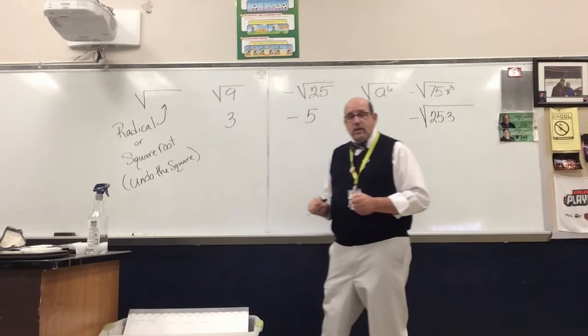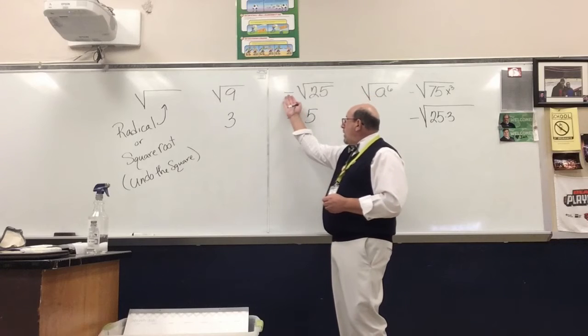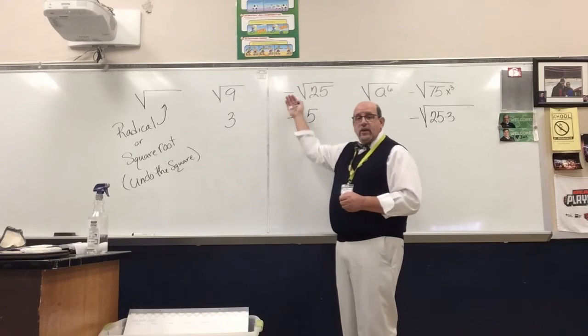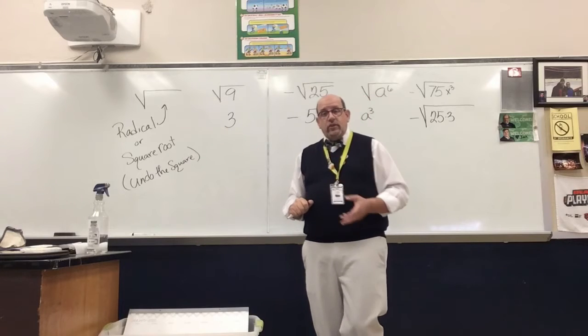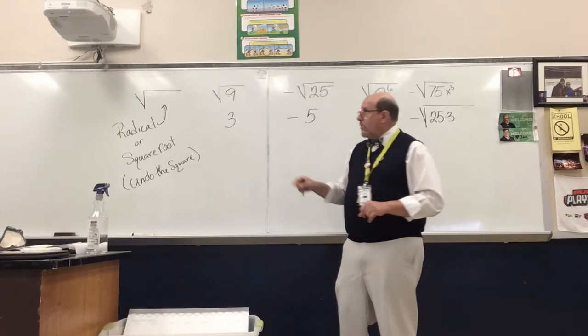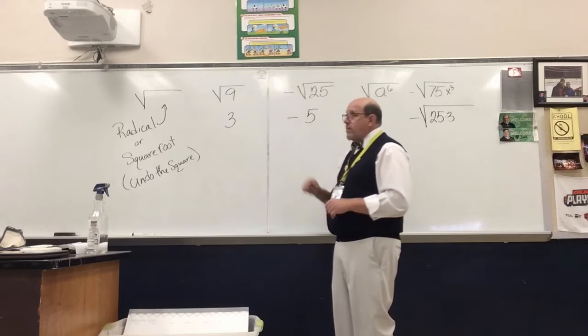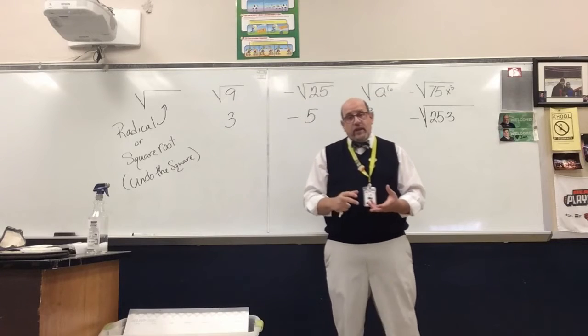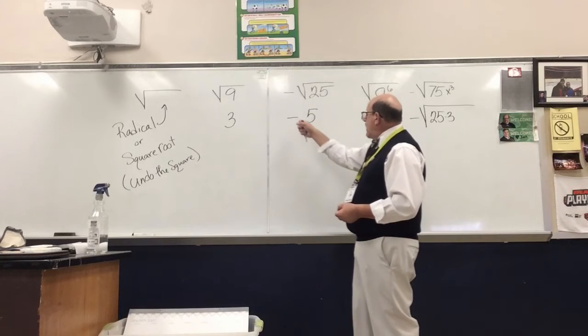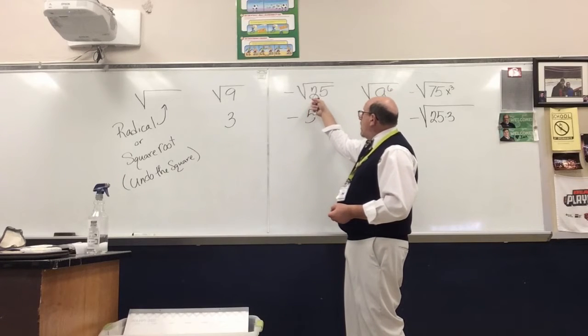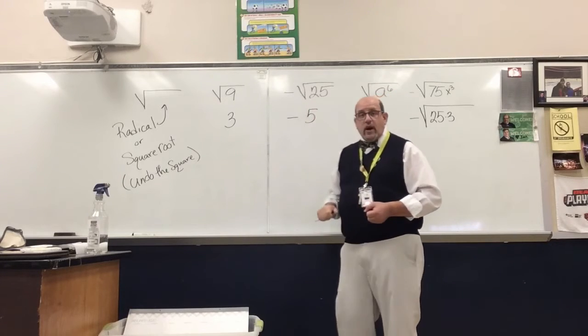The next thing we need to talk about is what if there's a negative in front of that square root symbol? Well, the good news is we don't have to do anything with it. We just bring it down and it'll be part of our simplification. So the negative out front means there's a negative right here. And we know that 5 times 5 is 25.